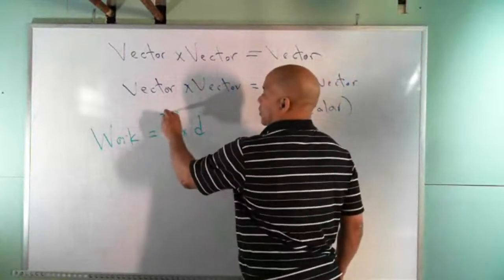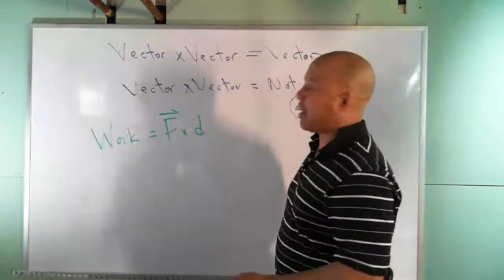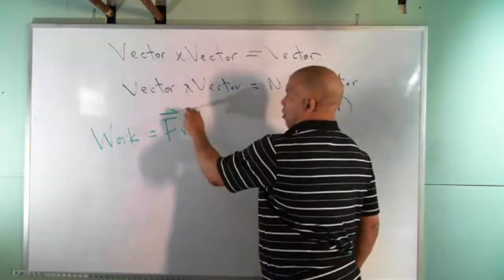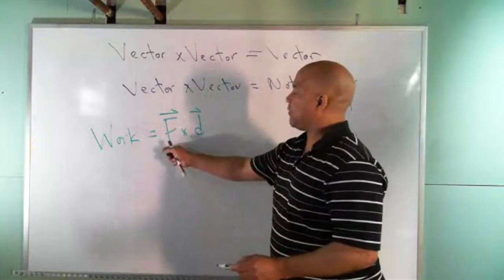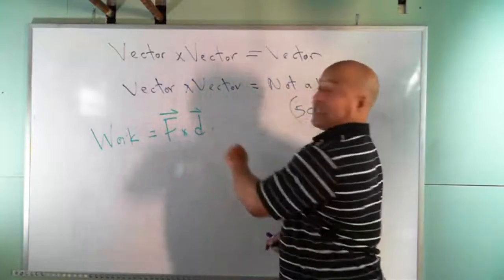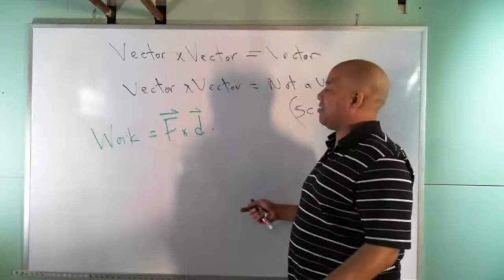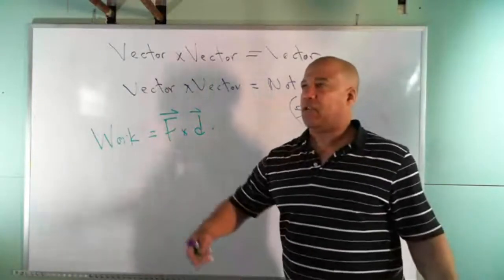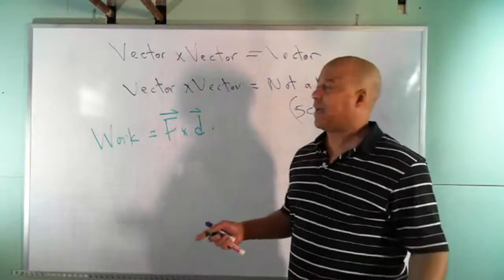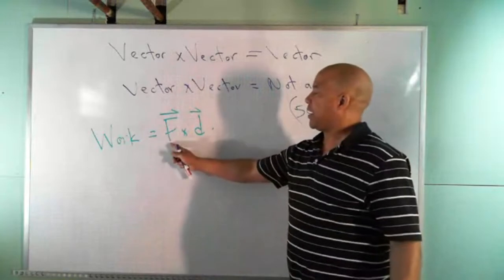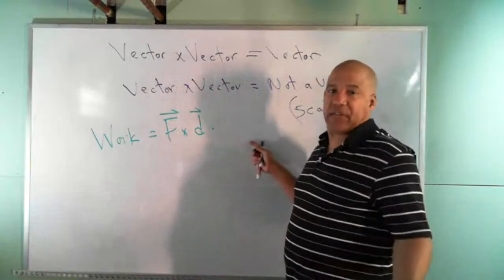Force is a vector, so you put an arrow over the top. And displacement, you put an arrow over the top. But if you take this vector times this vector, you get a number that's not a vector. It doesn't make sense to say you get 20 joules in a direction of 50. We don't say it like that. So here's a case where you multiply a vector times a vector, you get a scalar.